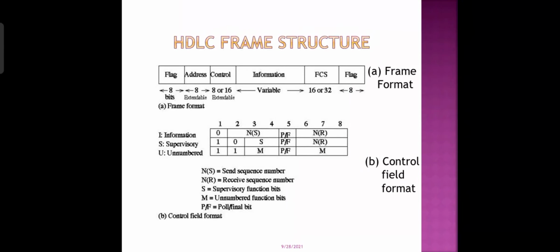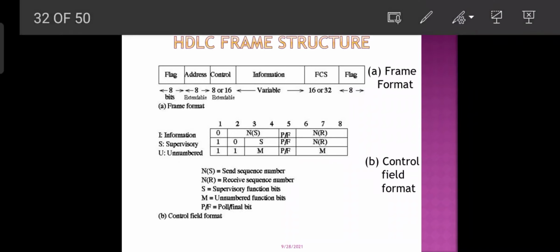In the address field, the address of the data will be denoted. These are the three different frames that HDLC uses. FCS is known as frame check sequence. It is used for error detection. It can contain either a 2 or 4 byte cyclic redundancy check.